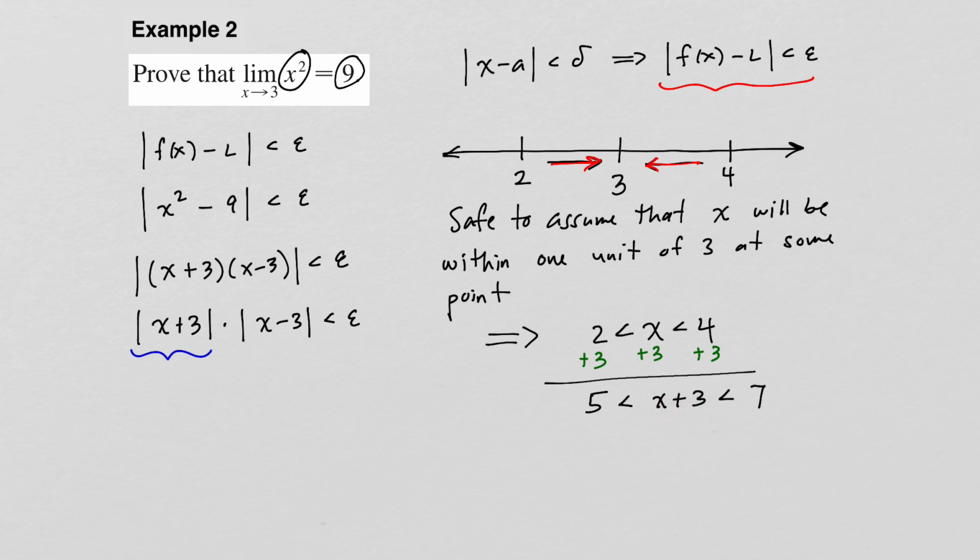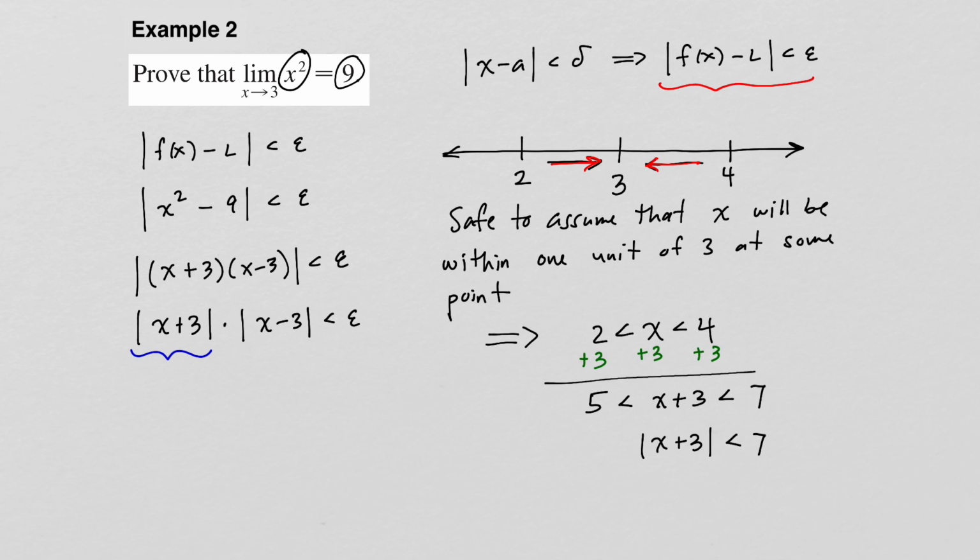If x plus 3 is less than 7, then we know the absolute value of x plus 3 would have to be less than 7, right? Think about that for a minute. If x plus 3 is a number somewhere between 5 and 7, then we know for sure the absolute value of x plus 3 would have to be less than 7.